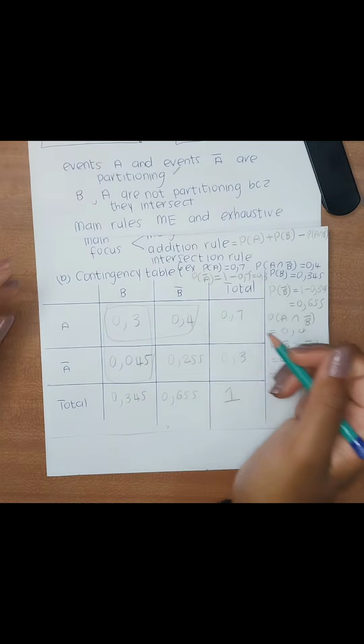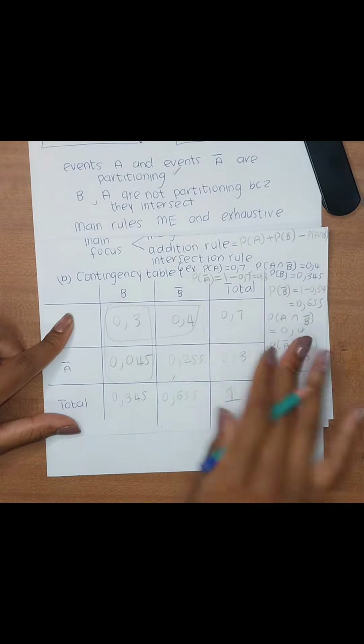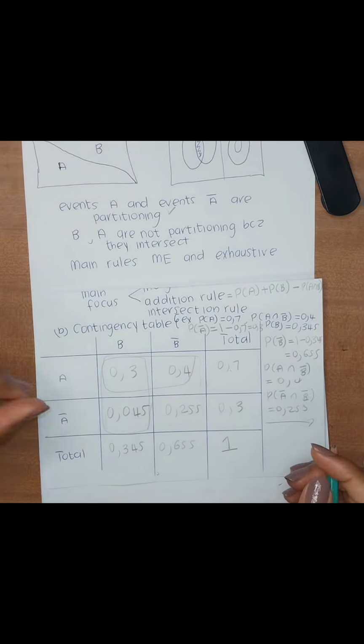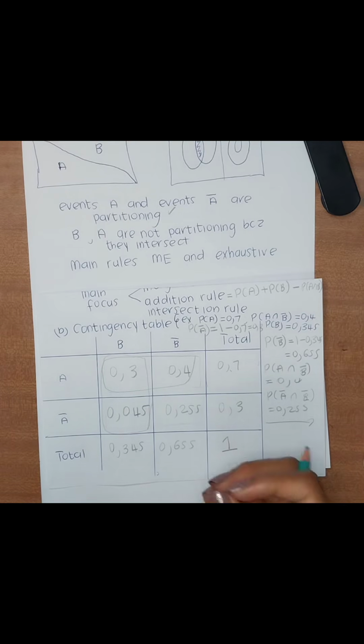So it cannot be partitioning, and it's also not exhaustive because this part is not included. So it's not partitioning at all. The main rules are that for partitioning, it needs to be mutually exclusive and it needs to be exhaustive, meaning that when I add the probabilities, I actually get a 1, right? So that's just that.